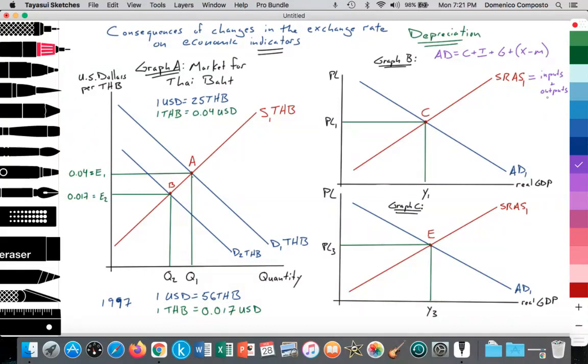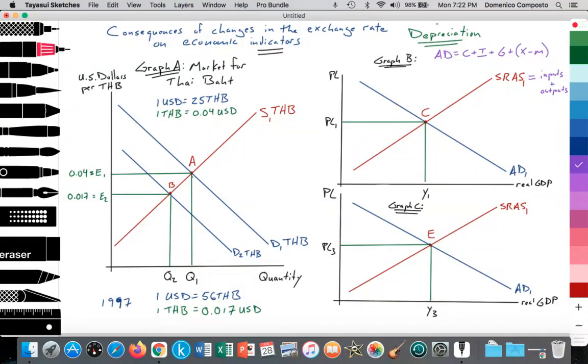A country will import inputs and outputs, and that will become part of your aggregate supply curve. It's not only your domestic production along your SRAS curve, but it's also the aggregate supply of your imported inputs and outputs. All right, please make a note that the SRAS curve also includes your imported inputs and outputs.